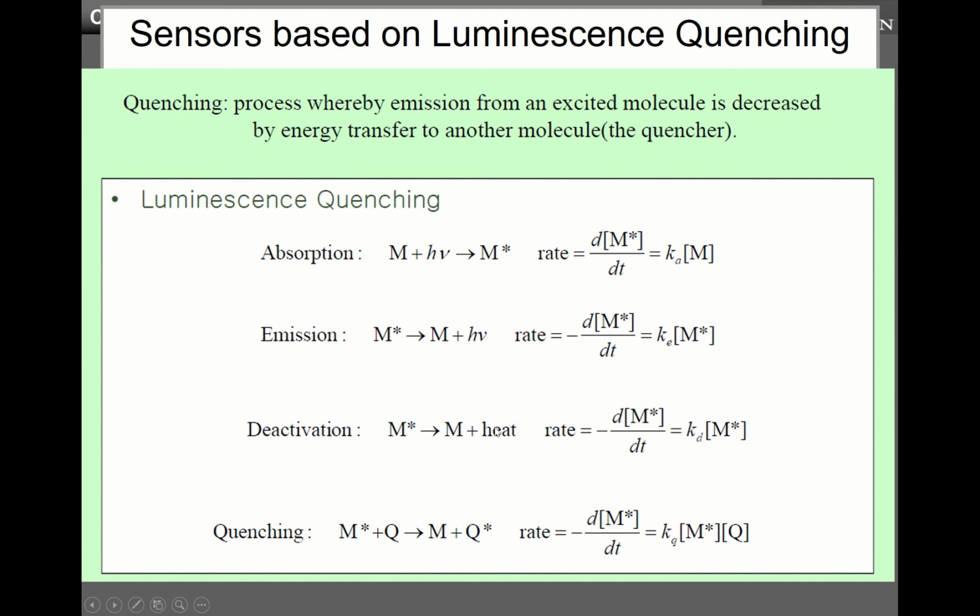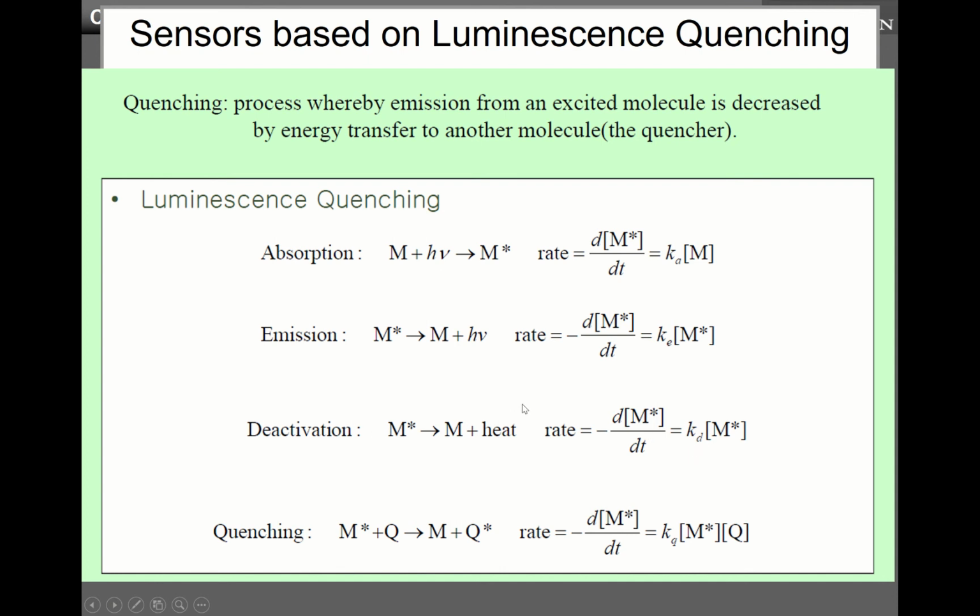The heat depends on the energy difference between these two molecules. We put a negative sign because this deactivation process also decreases the excited molecules, and the proportional constant is Kd.